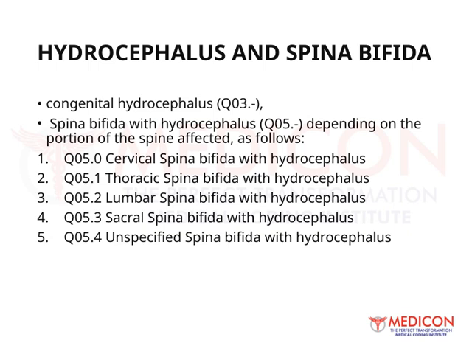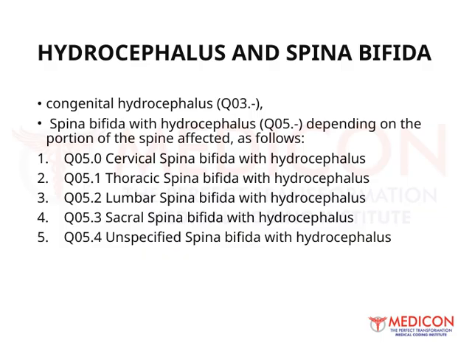When we talk about congenital hydrocephalus, we're referring to a condition where there is an abnormal accumulation of cerebrospinal fluid in the brain's ventricles, which can cause increased pressure and enlargement of the head. This is classified under Q03 in the ICD coding system. Now, spina bifida often occurs alongside hydrocephalus, and it's classified depending on which part of the spine is affected.